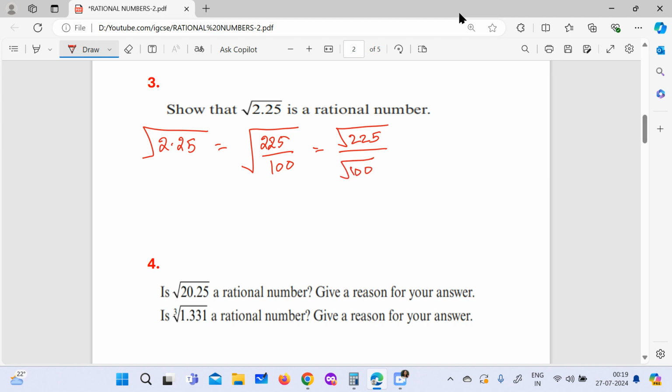You know that square root of 225 is 15 and square root of 100 is 10. So you will get 1.5. So square root of 2.25 equals 1.5, therefore this is a rational number.